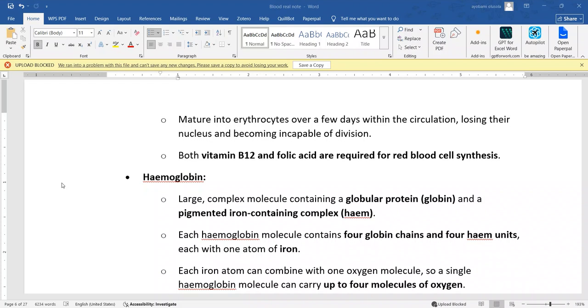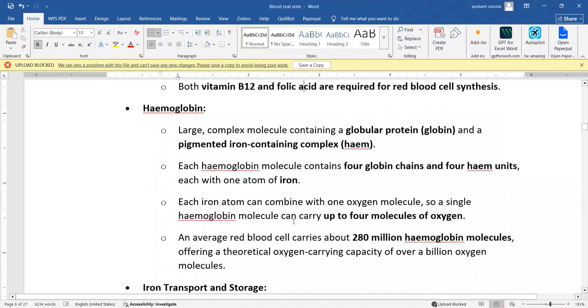Now, each hemoglobin contains about 4 globin chains and 4 heme units. Each heme has 1 atom of iron. Each iron atom can combine with 1 oxygen molecule.